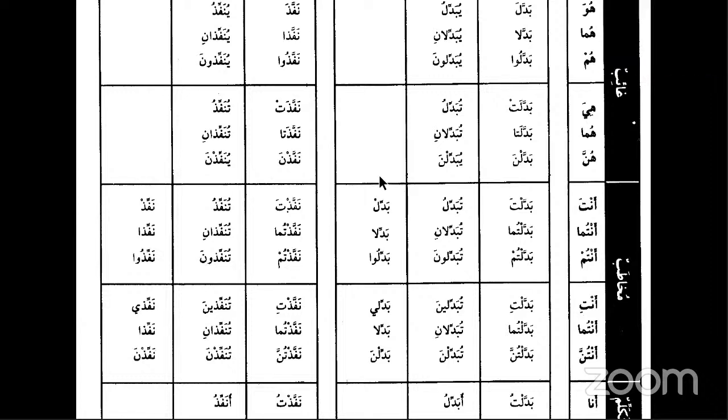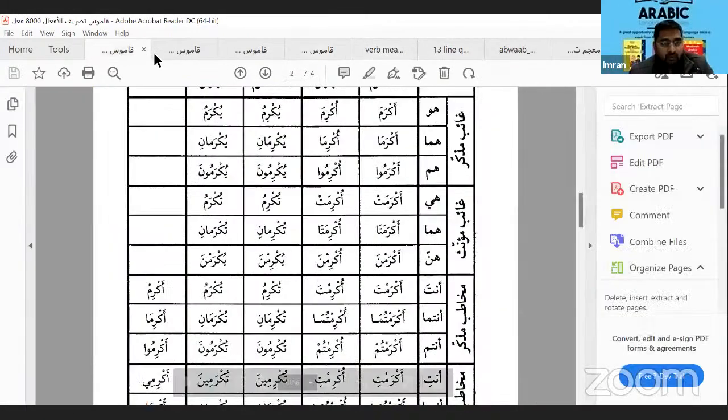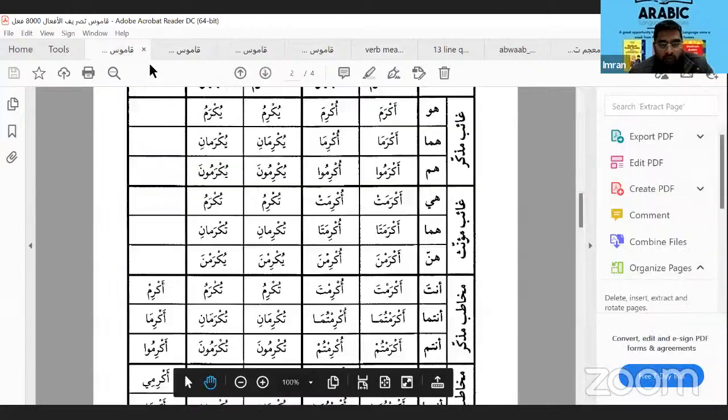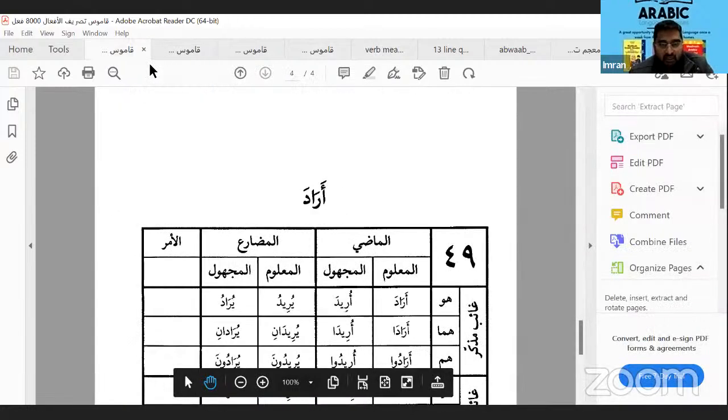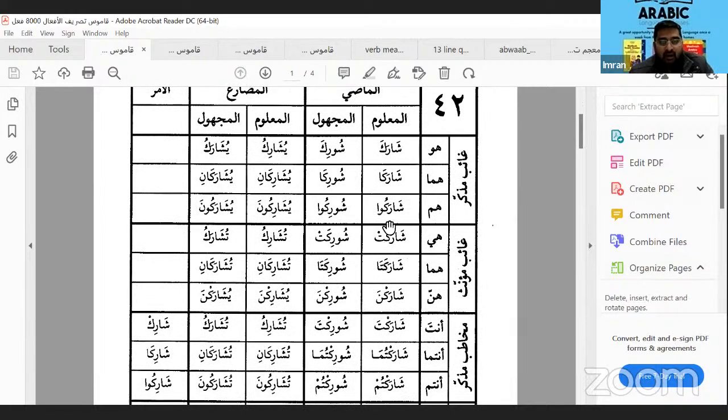But the one which I wanted to do was this one here. It was from the same category. Like Nazzala had 1 letter extra, Akrama had 1 letter. Now in Sharaka, Yushariku, you have an alif added after the first letter.